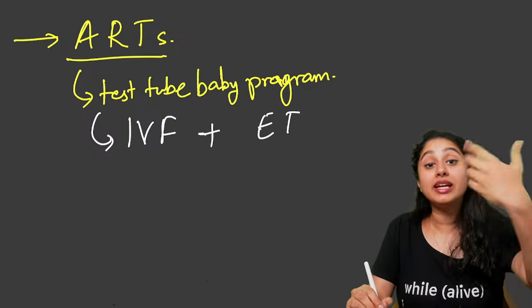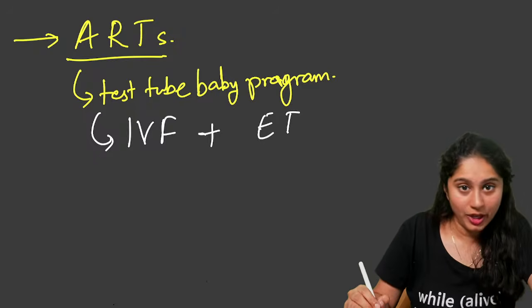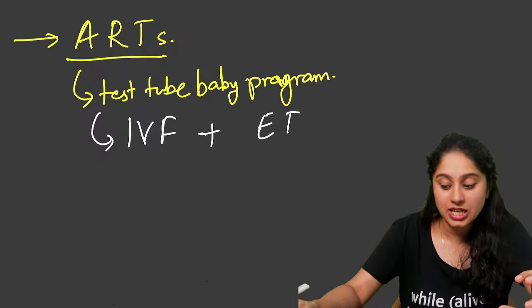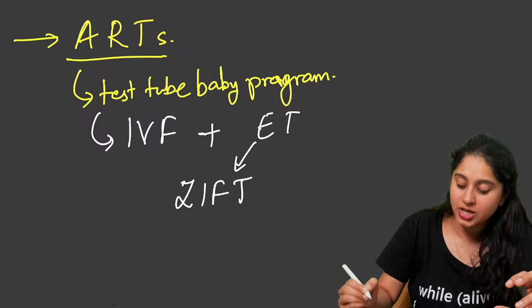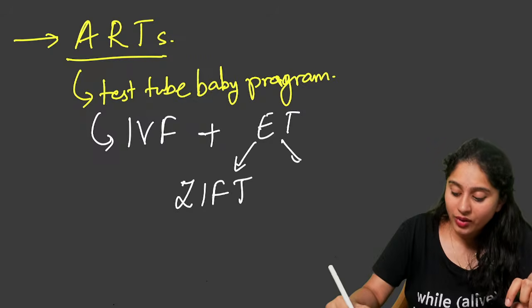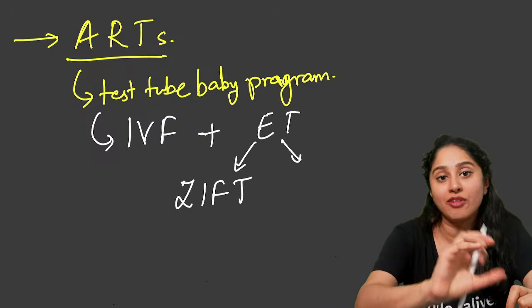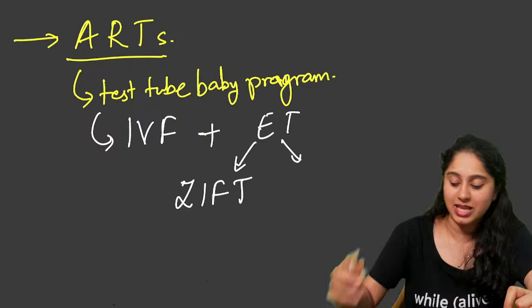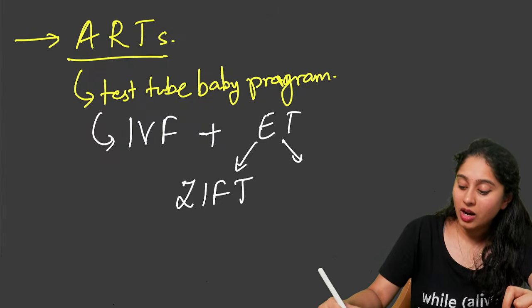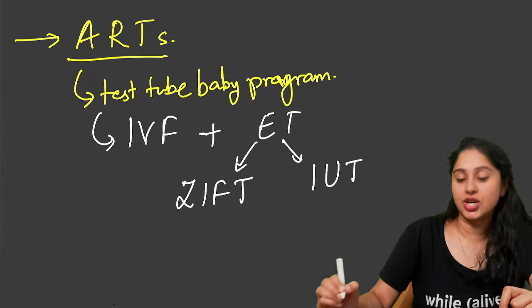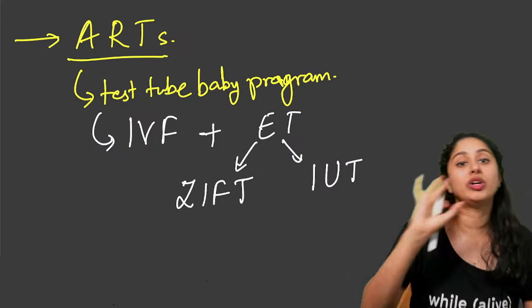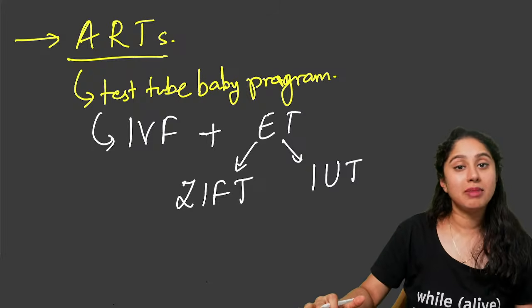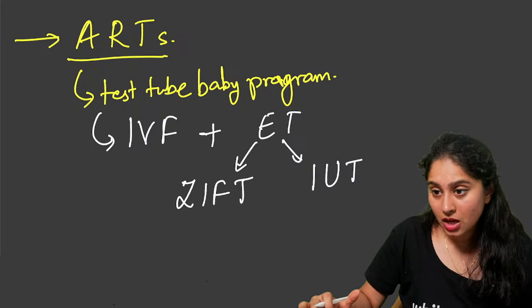So either we can transfer it directly in the fallopian tube, just after the fertilization, which will be called zygote intrafallopian transfer, which is ZIFT, or we can transfer it directly into the uterus after it comes to about 16 to 32 cells, which we call intrauterine transfer. In both these cases, I will fuse it outside the body and put it back inside the body once the mother is ready. Got it?